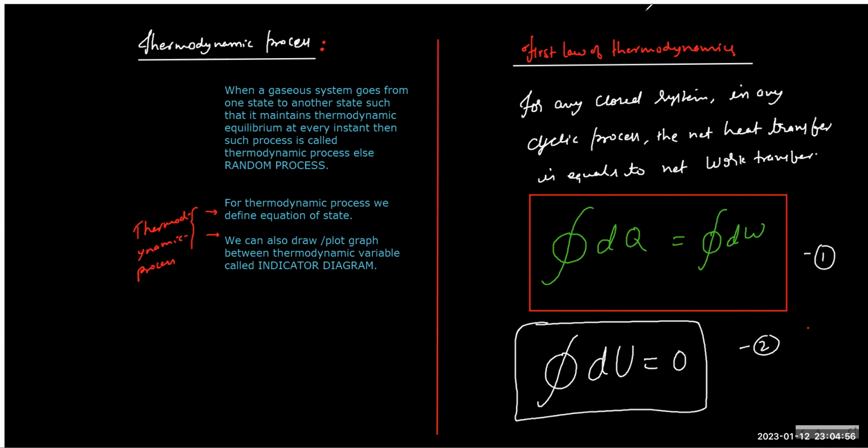Now, this is the first law, the way it was defined, and the purpose of the first law is to define the internal energy. What does it mean? If a process is not cyclic, and you only talk about one of the processes, not the entire cycle, you choose one of them.